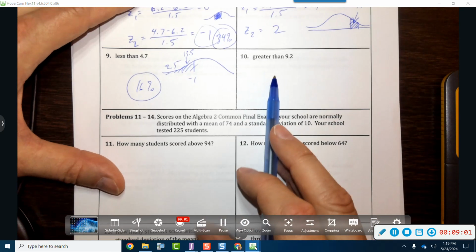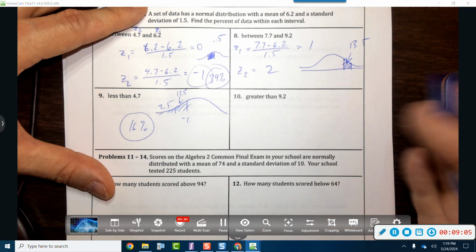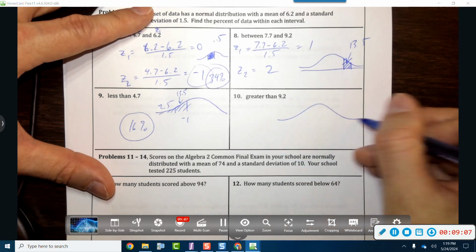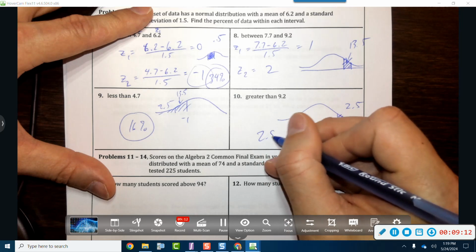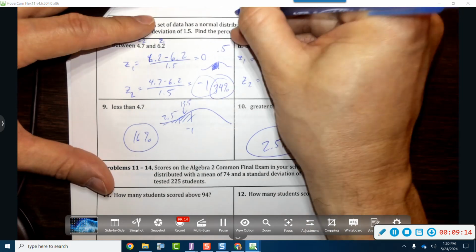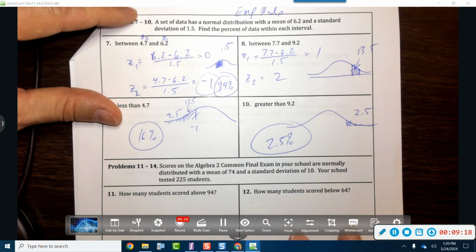If you're greater than 9.2, 9.2 is here. We already calculated that as 2 standard deviations. So if you are over here, all that area is 2.5%. And this is just the empirical rule right there. That's all these guys are.